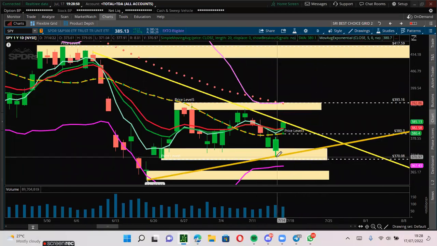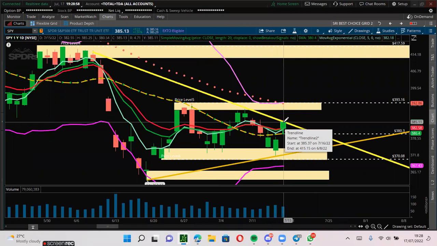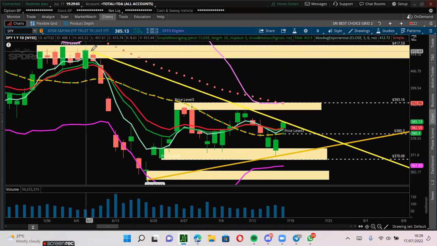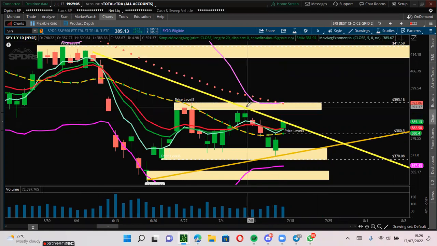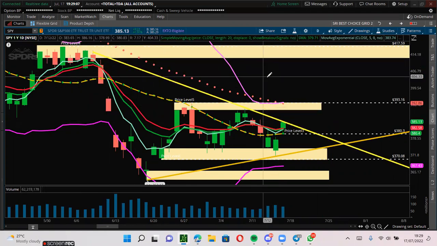So I joined the latest support to the previous support line. Again, I joined the latest highs to the latest resistance, I mean support, resistance 1 and resistance 2.